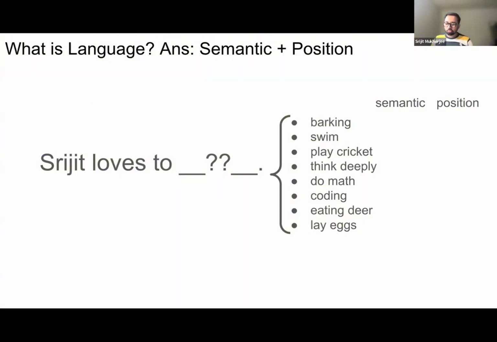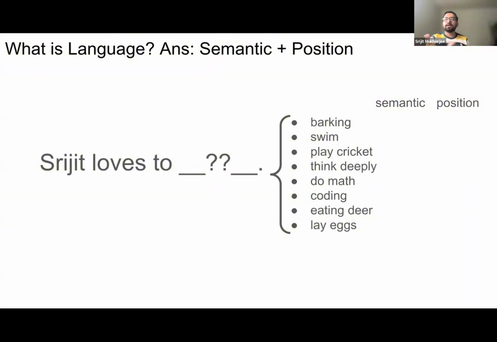Can we do that? Yes, sir, same thing: it has semantic meaning, and it's positionally possible. Think deeply. Is it possible? The next word means one word has to come, right? You're right.